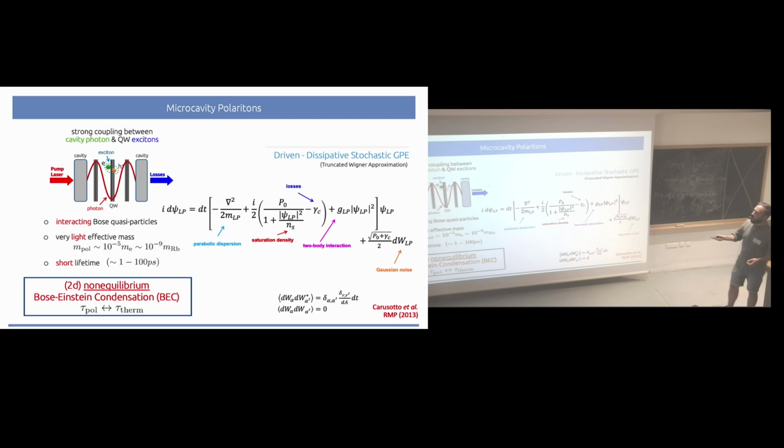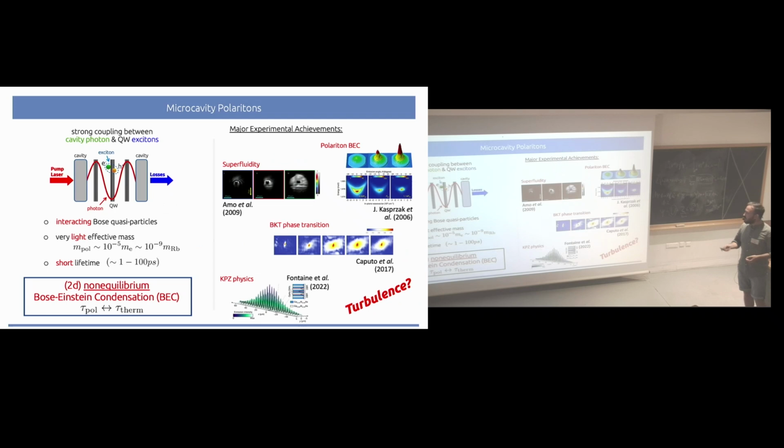But in order to account for the pump and the losses, we also introduce some extra terms here. We also move beyond mean field by using the truncated Wigner approximation and adding white Gaussian noise that simulates quantum fluctuations.